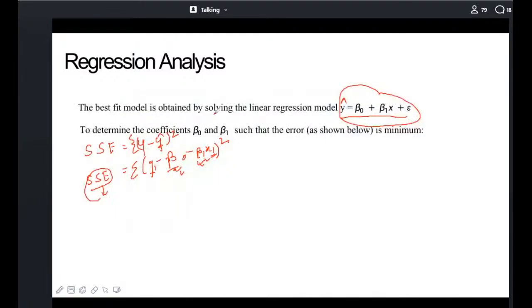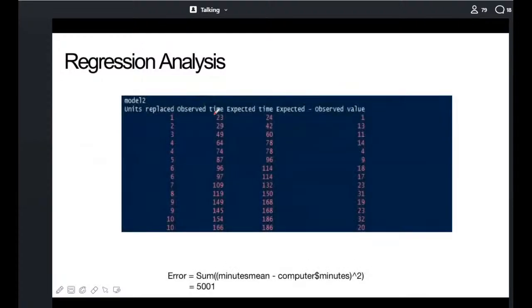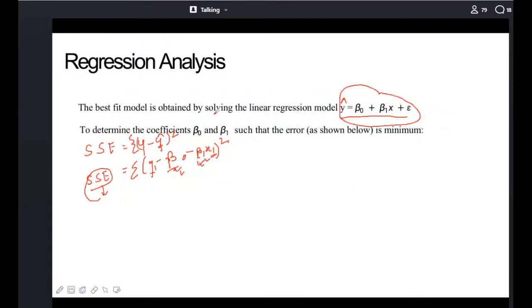Once we get that, we wanted to get the best fit line. We wanted to minimize this error, the sum of squared errors. So we use the sum of squared error formula, y minus y cap, that is the observed value minus the predicted value, whole squared. The predicted value I have replaced by the formula, beta naught plus beta 1 x1.